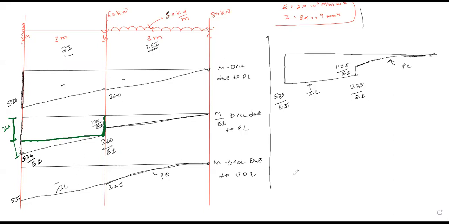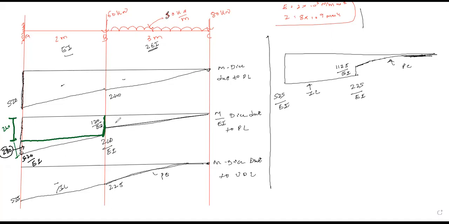So your remaining value will be 520 minus 240, that is nothing but 280. Yes or no? 280 by EI, your remaining value, that means the value for the triangle will be 280 by EI. Please confirm it.